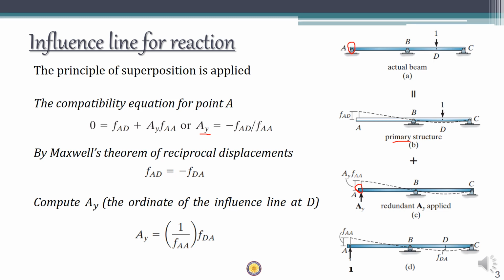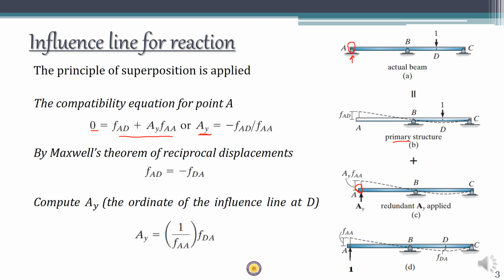If you add both of these, it is going to be 0 as per the compatibility condition, right? From here you can get the value of AY. So if you want to find out the value of reaction at A when the loading was given at D, the formula will be minus FAD divided by FAA.